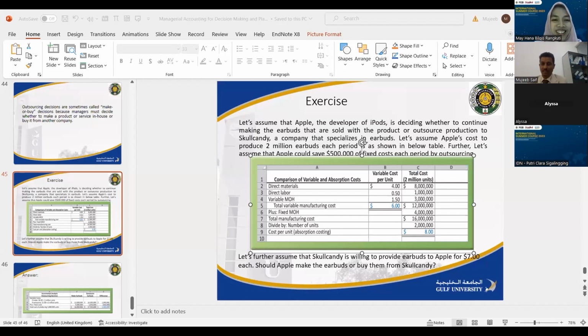Let me make it clear. The input for managerial accounting is cost accounting and financial accounting. We use the information provided by financial accounting.